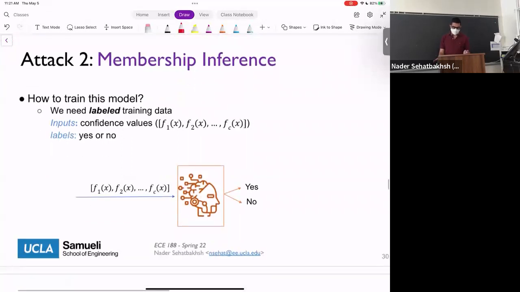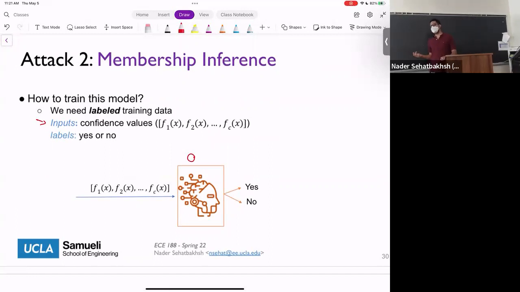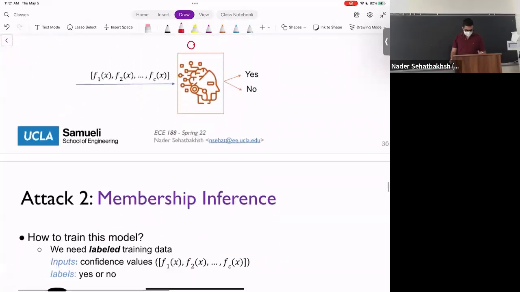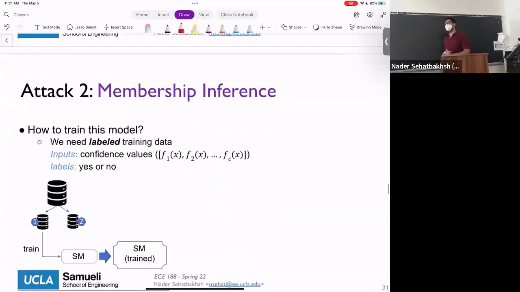First of all, the inputs to this oracle are confidence values. As I said, to make things simpler, imagine there are 10 different values that get to this oracle. And your output is just a simple yes or no, so it's 0 or 1. Okay? So here's how we're going to train and test this model.